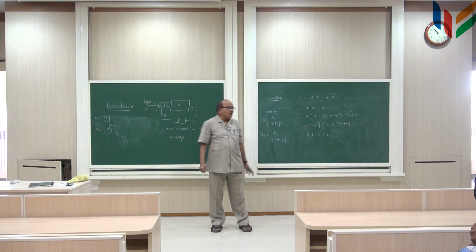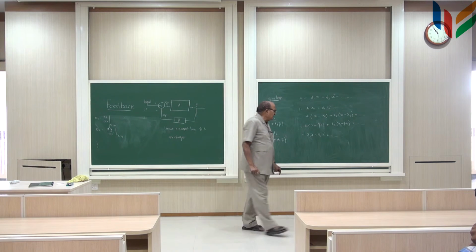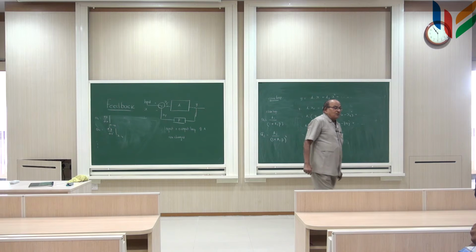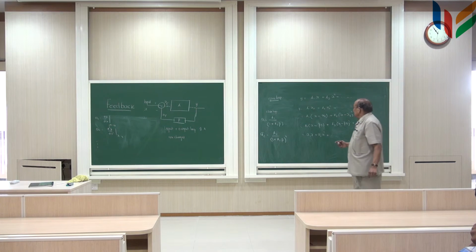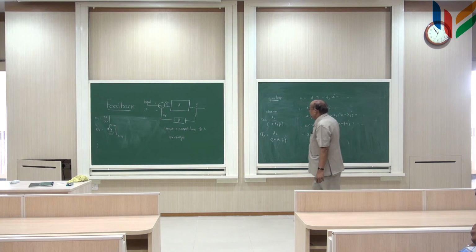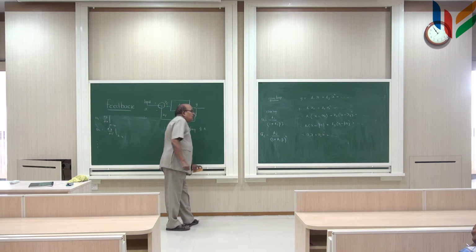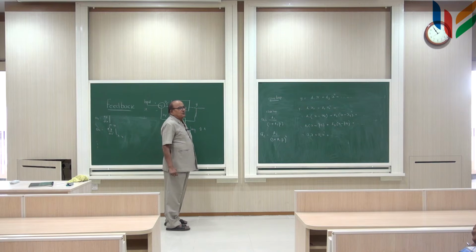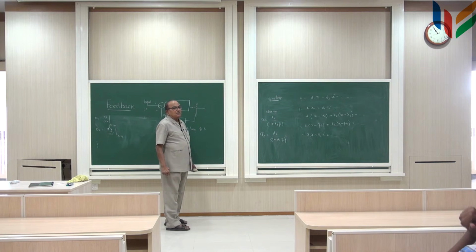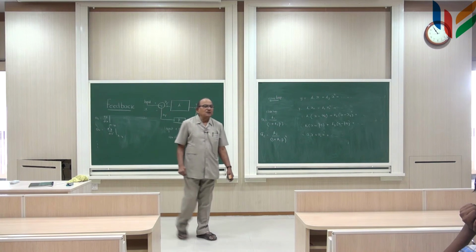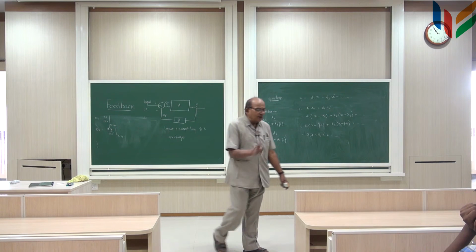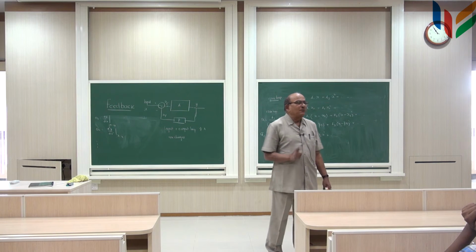So, the second order distortion due to the quadratic term will be reduced. Okay. So, this is a proof that the distortion content will decrease by providing the feedback. This is another advantage of providing feedback.